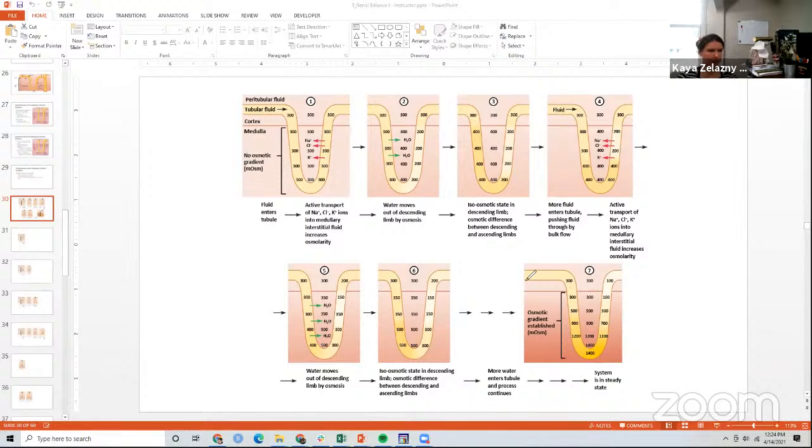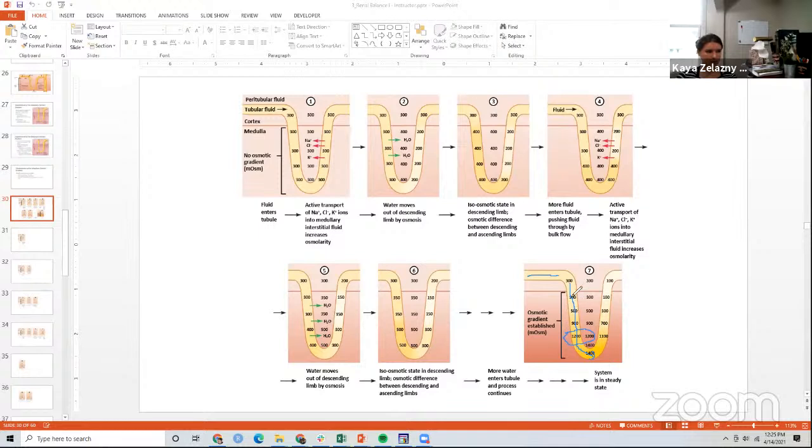When we look at the osmolarity of the tubular fluid in the cortex, it's at equilibrium with the cortex, so it's 300 milliosmoles. As it descends into the medulla, it becomes more and more highly osmolar because it is more or less reaching equilibrium with the osmolarity of the medulla.